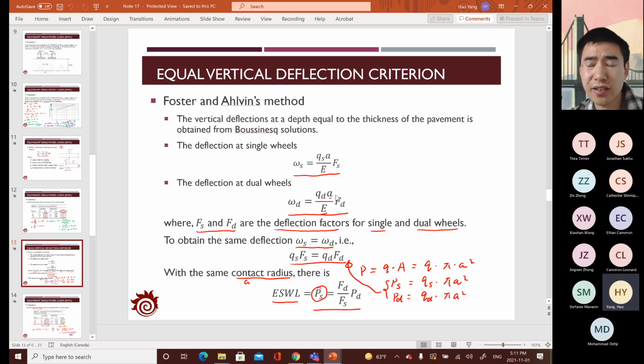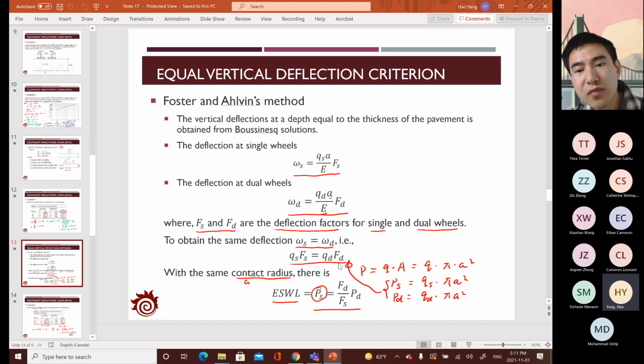They apply the same radius of the contact area, A, and the same modulus of elasticity, which comes from the pavement structure. So you find that QS times FS equals QD times FD.